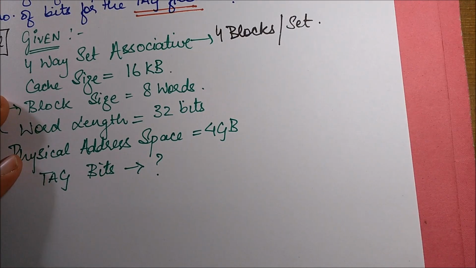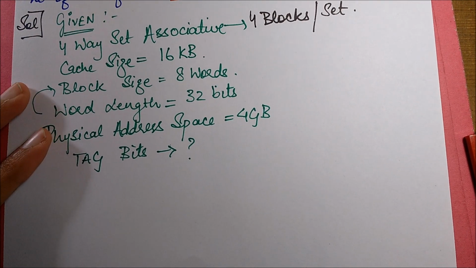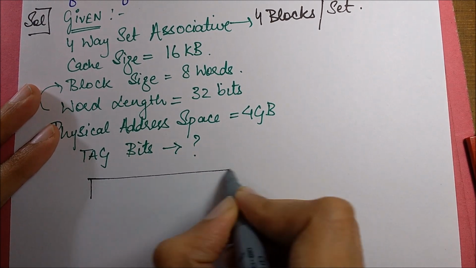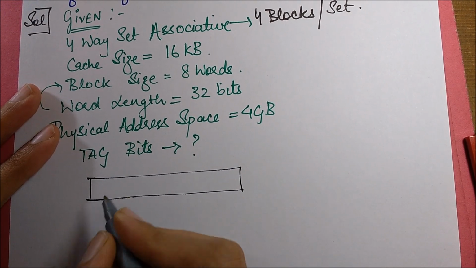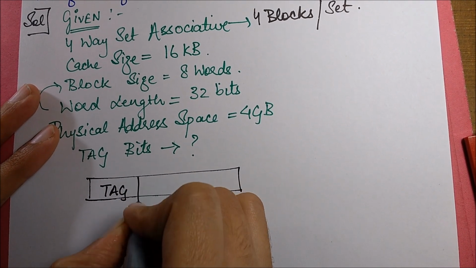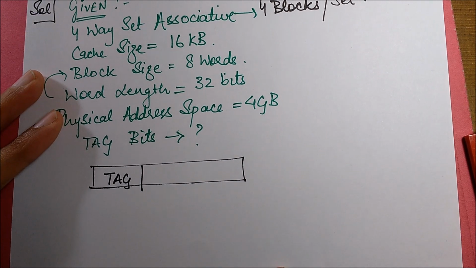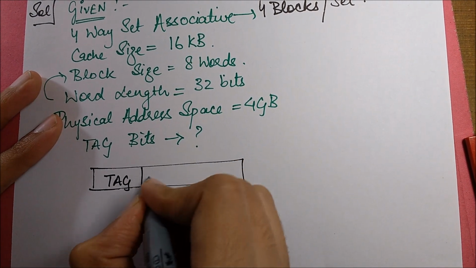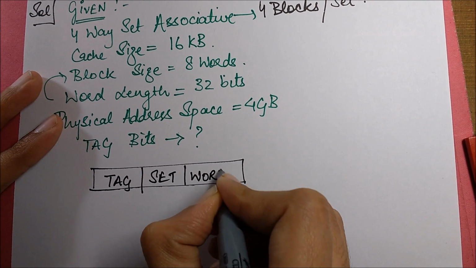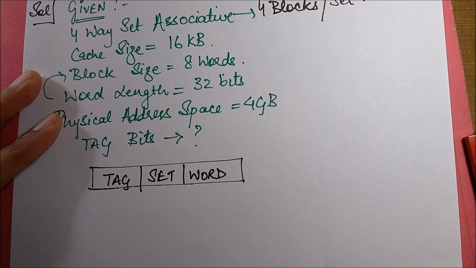How does it look? We have 3 things over here: the tag bits, then the set bits, and finally the word bits.